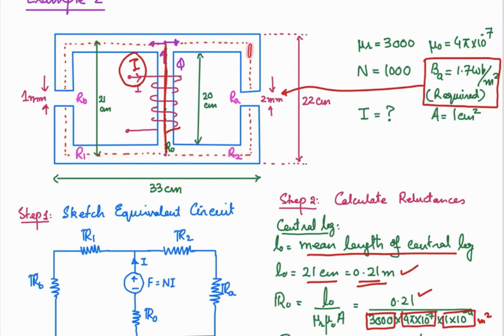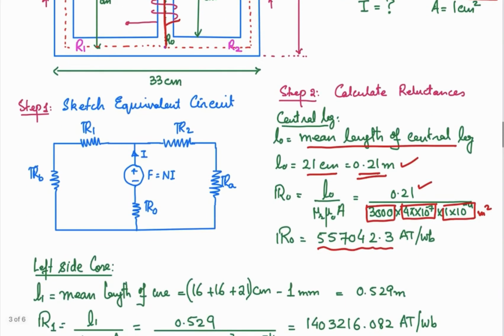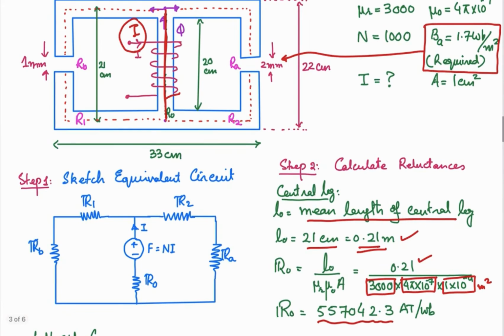And then with this 16 centimeter, what about this one? If I consider it overall, this overall distance is 21 centimeter, the average of this 22 centimeter and this 20, because we are going to look at the mean path. Okay, so for the left side, what is the total distance? 16 centimeter over here, 16 centimeter over here, and 21 centimeter.